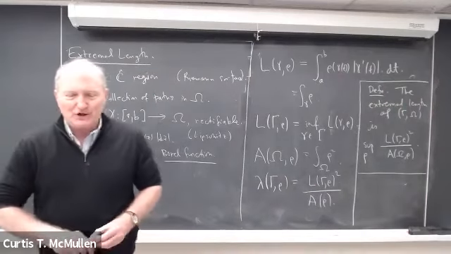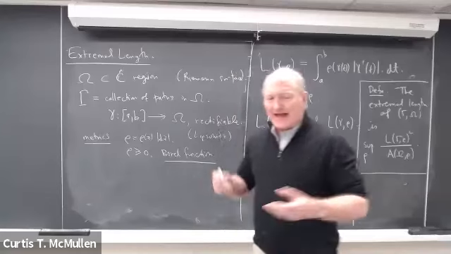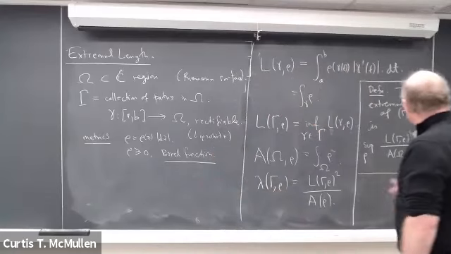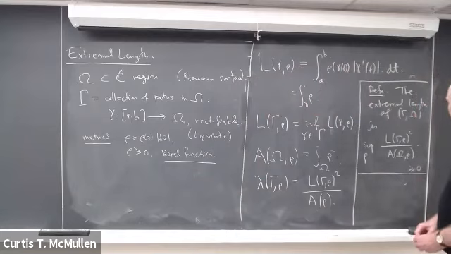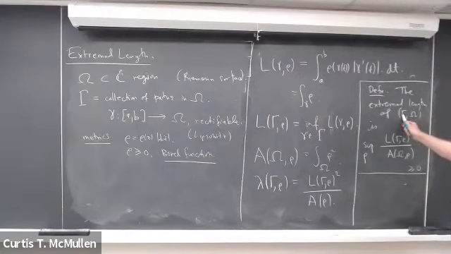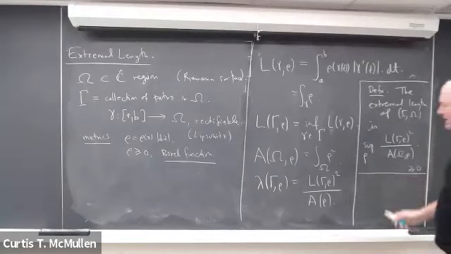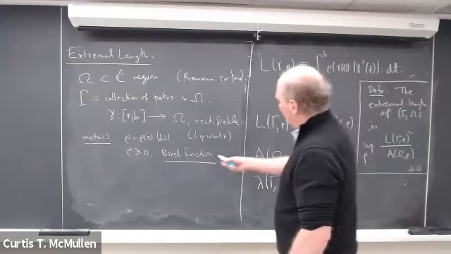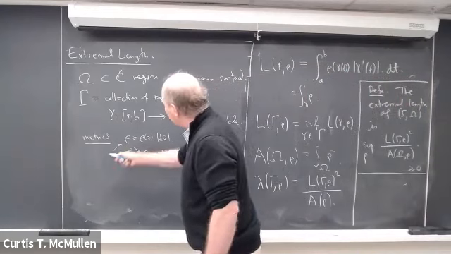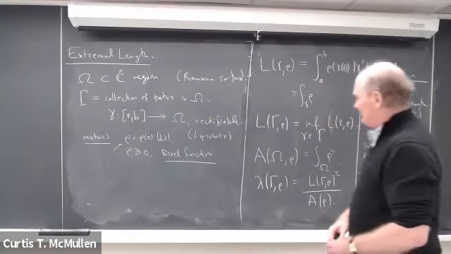Okay, so there are a lot of sups and infs, but at the end of the day, what I want to emphasize is this. We have defined a real number, in fact something greater than or equal to 0. And it's an invariant of topological data, which is this choice of path family, plus the geometric data of this region in the plane. And it's a conformal invariant, because the only way rho was restricted was that it had to be a conformal metric.